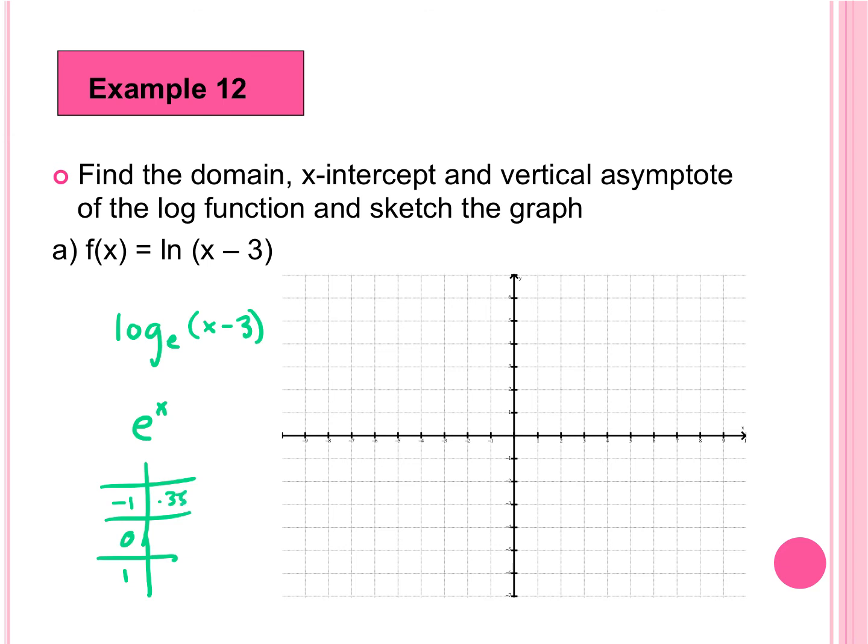You can put that in your calculator. It would also just be 1 over e, which was 1 over 2 point something. So it's 0.37, so about here. If I plugged in 0, it's e to the power of 0, 1. So 0 up 1. And if I plugged in 1, 2.7 up here. So that's my e to the power of x graph.